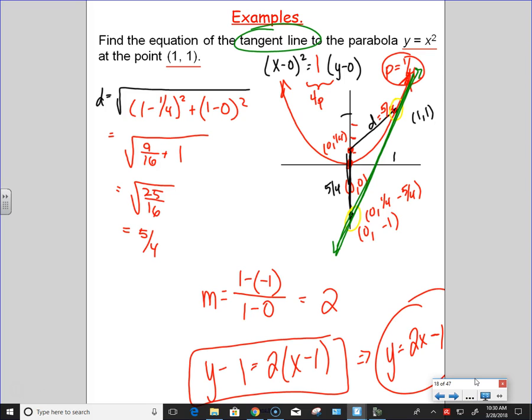Does that make sense? So we subtract the distance to get the other point, and then what do we do once we have the other point? Step 6. Find the slope. Use the 2 points to find the line, right? Find the slope, plug in the point, make the equation of the tangent line.